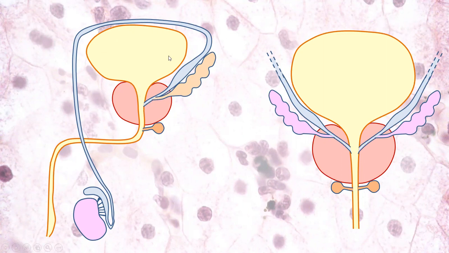Here you can see the urinary bladder and its urethra, its prostatic part of urethra, and this duct is opened here. Sperms are coming here, and fluid from the seminal vesicles also comes here. It's ductus ejaculatorius.